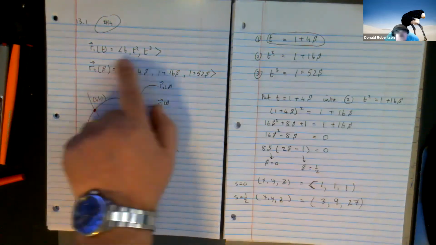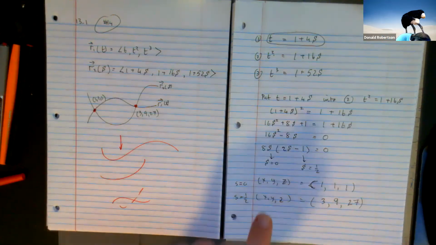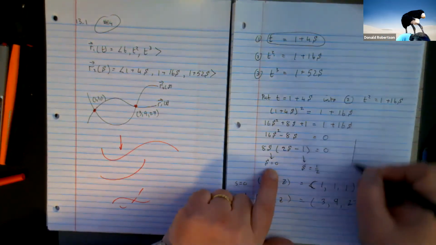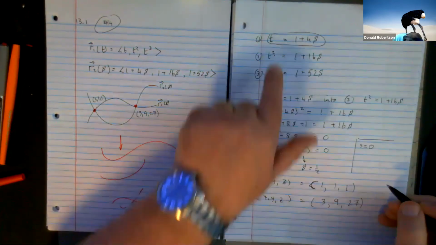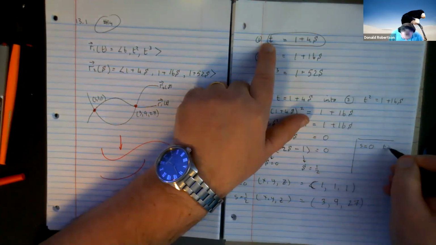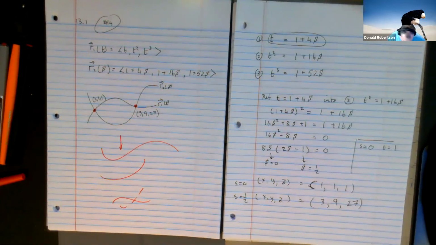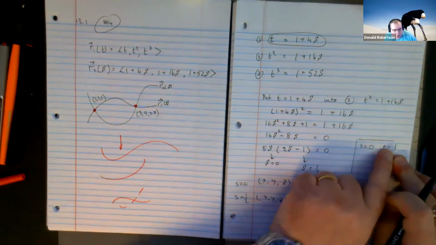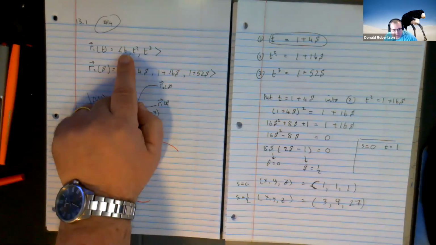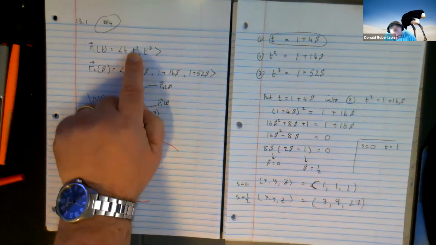What about t? Well, when s is 0, isn't t 1 plus 4s, which makes t 1? And if you plug t equals 1, you get 1, 1 squared, and 1 cubed, which means you get that point.